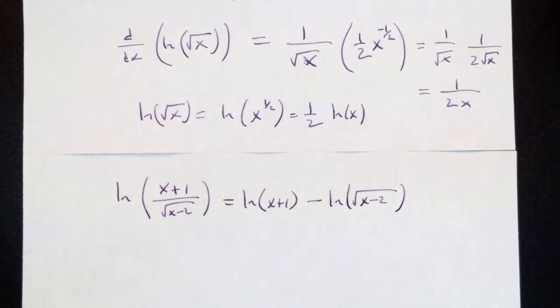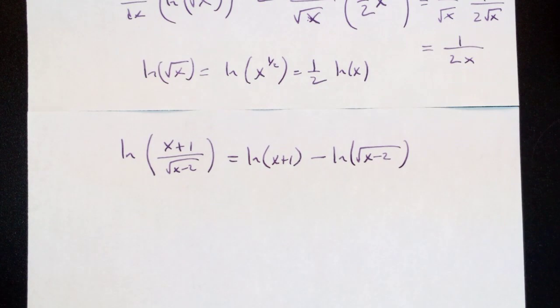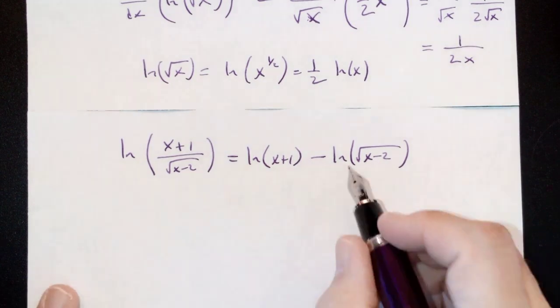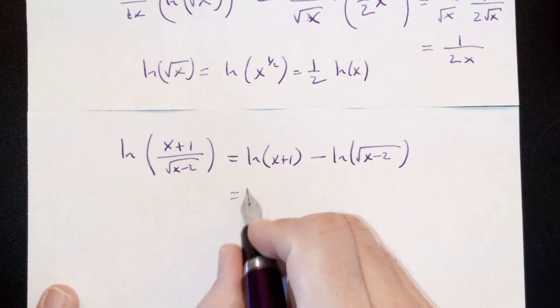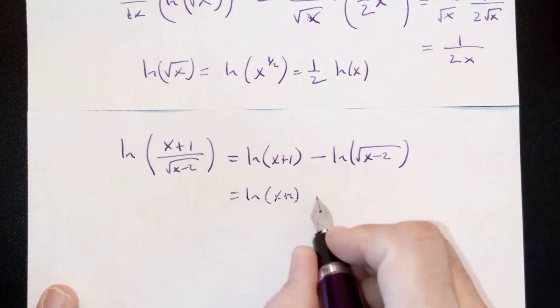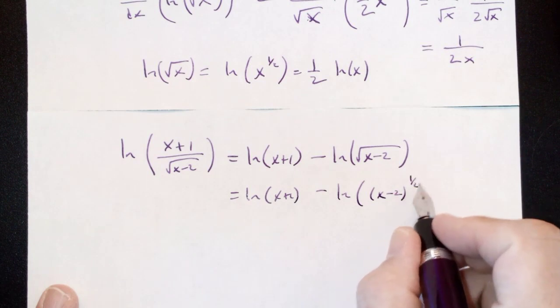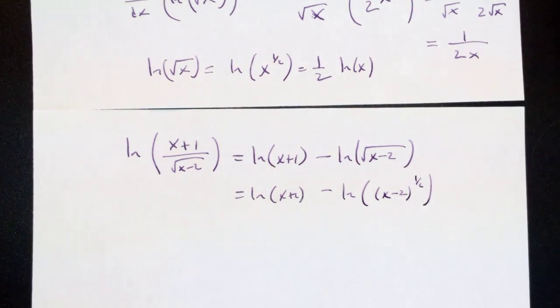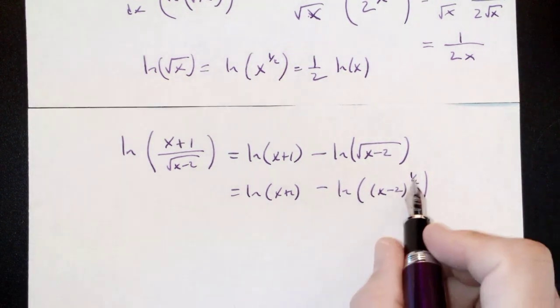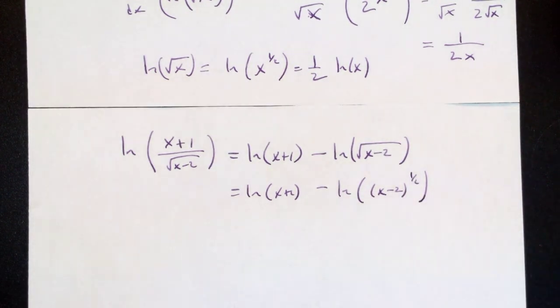Now, I can play the same square root trick we just played up above. I can write this as a 1/2 power. And then my power pops out front, because a power of a power means it gets multiplied.